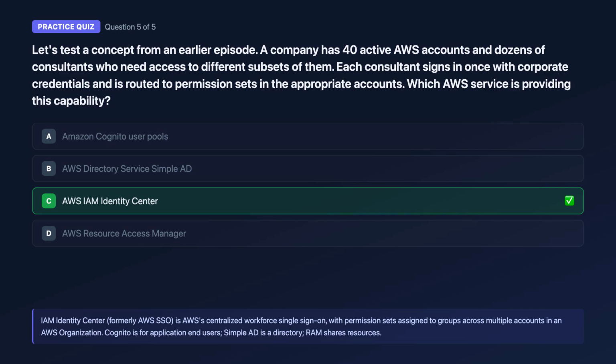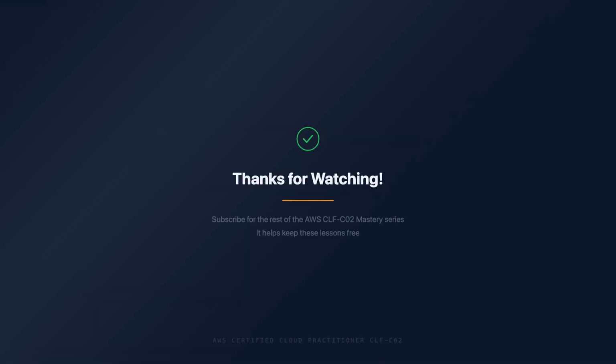Simple AD is a lightweight directory, not a sign-on service, and RAM shares resources, not identities. This is exactly the pattern CodeGorillas uses today, and Control Tower wires Identity Center in for you automatically when you turn it on.